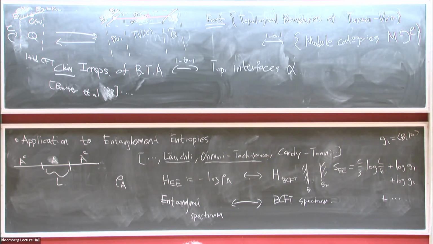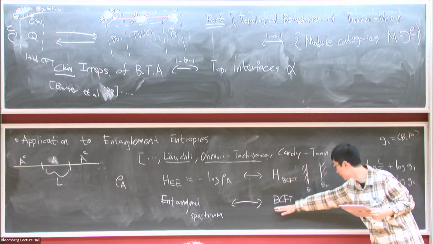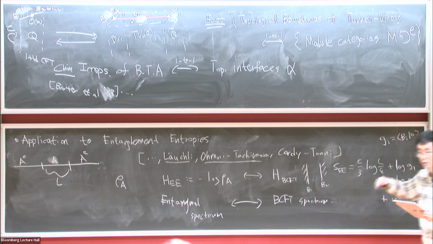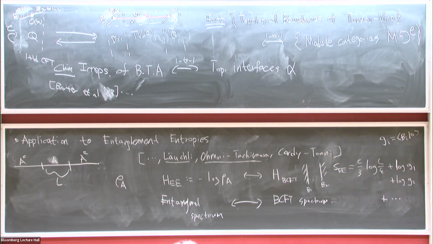Okay, so yeah, sorry for going over time, but the point is that on this side of the story, we know that this spectrum organizes into the irreducible representations of this boundary tube algebra.